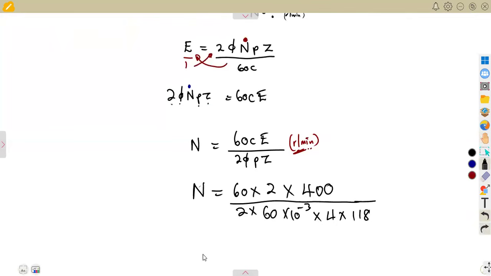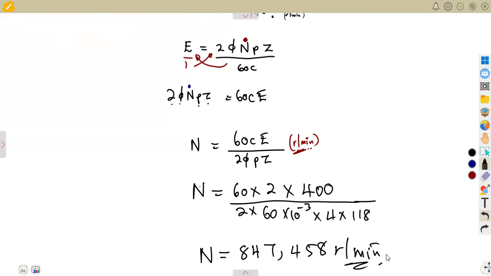By substituting these values on your calculator directly, this gives us a speed of 847.458 revs per minute. That is the idea there.